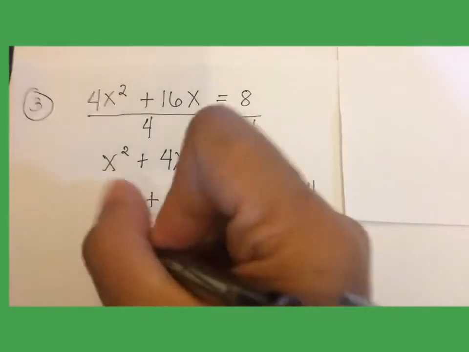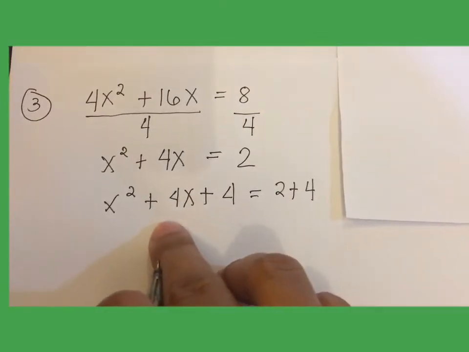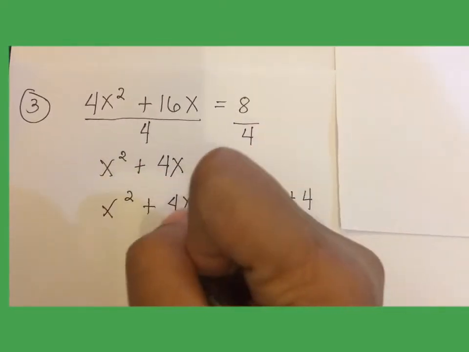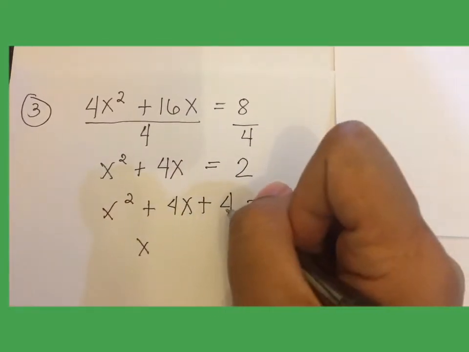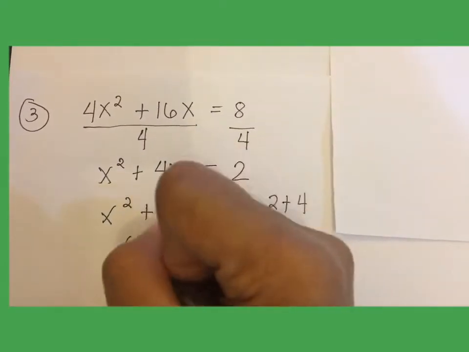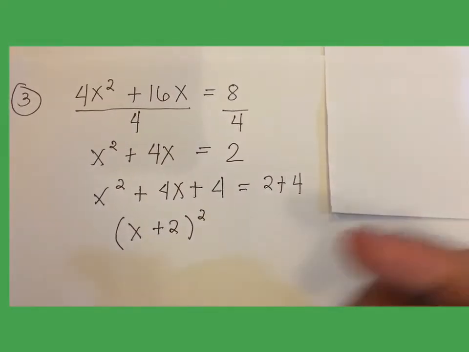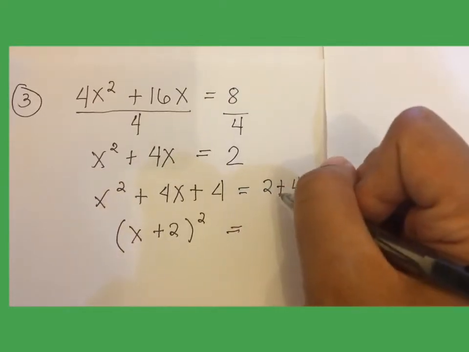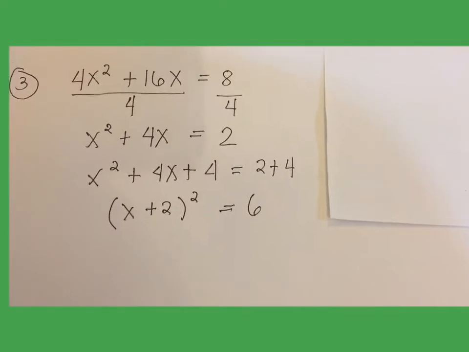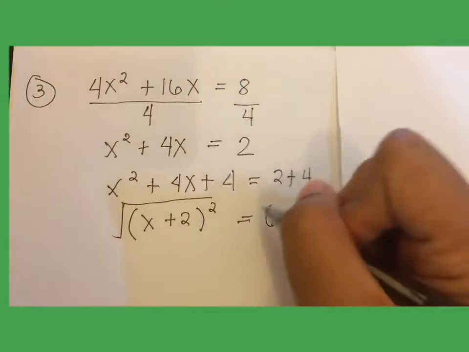So next will be simplifying this side and factoring this side. So what is the factor? Get the square root of the first term, which is x, and get the square root of the last term, which is 2. Then we square it. That now becomes a square of binomial. Now, we simplify 2 plus 4, that's 6. Now, we're going to extract the square root. Don't forget, extract the square root after.